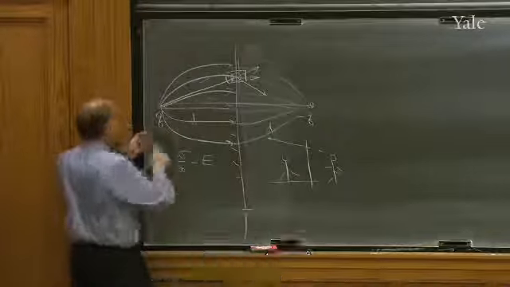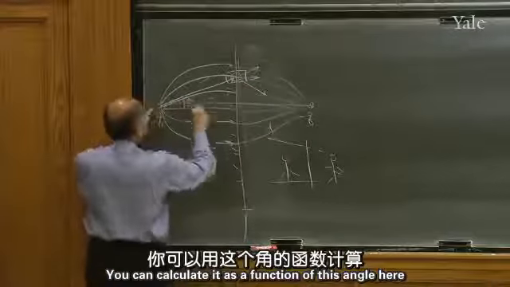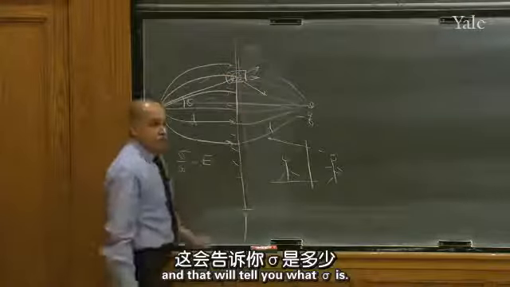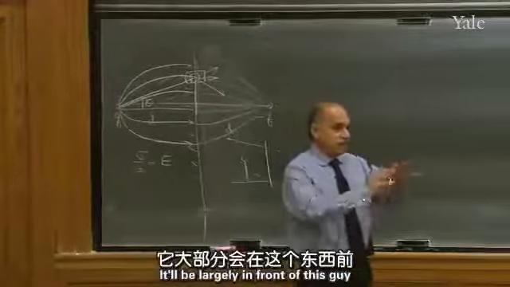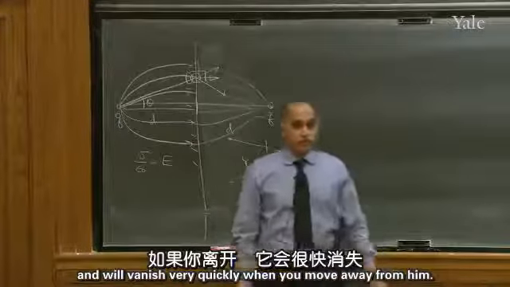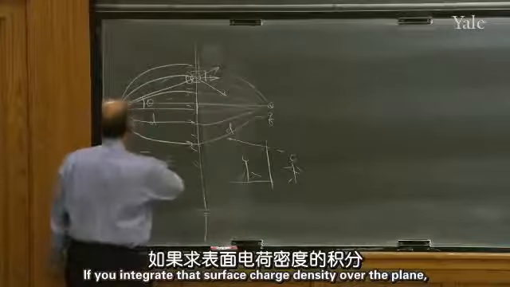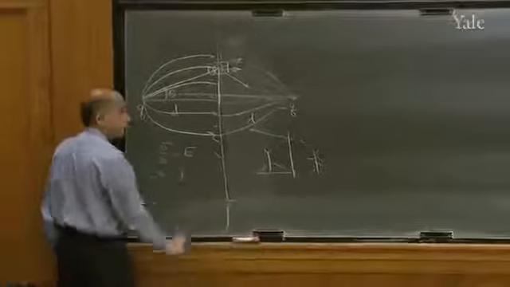It's a very simple sum. It's a contribution from 2 point charges. You can calculate it as a function of this angle here, or as the function of the distance here, and that will tell you what sigma is. And it will have the property you expect. It will be largely in front of this guy and will vanish very quickly when you move away from it. If you integrate that surface charge density over the plane, you will in fact get minus Q.